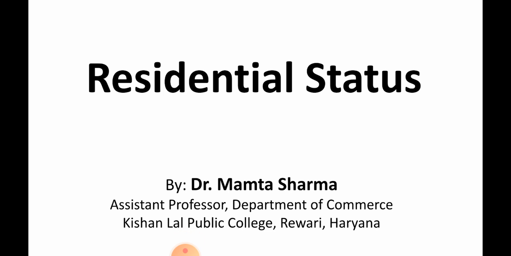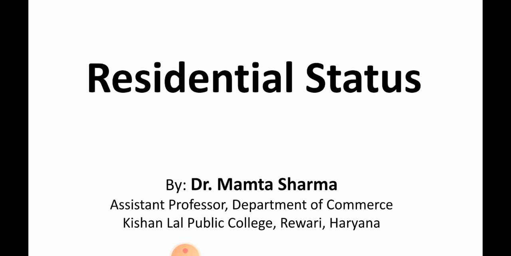So in today's lecture, after understanding the whole concept about the residential status, like how we determine the residential status in case of individual, HUF, firm, AOP, BOI, company and other persons, what will be the incidence of tax? Like what is the scope of total income and how these incomes will be taxable for different type of residents.